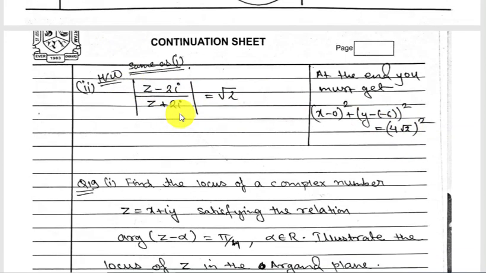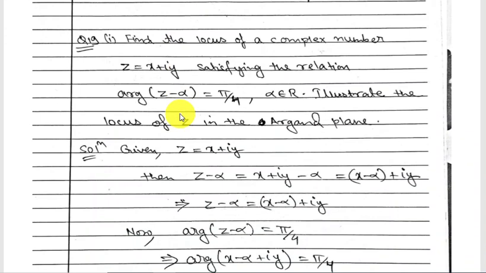Okay, now let's see question number 19. 19.1. Find the locus of a complex number z equal to x plus iy satisfying the relation argument of z minus alpha equal to pi by 4, where alpha belongs to real numbers. Illustrate the locus of z in the Argand plane, means complex plane.